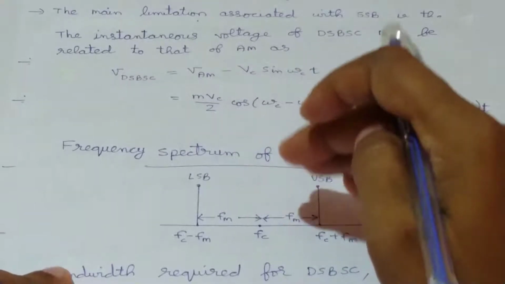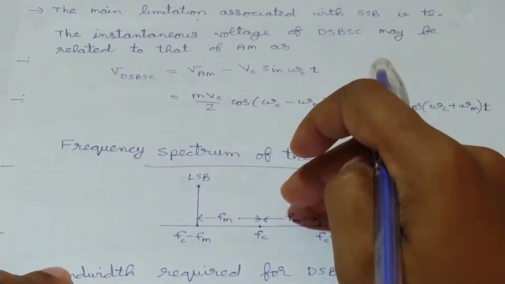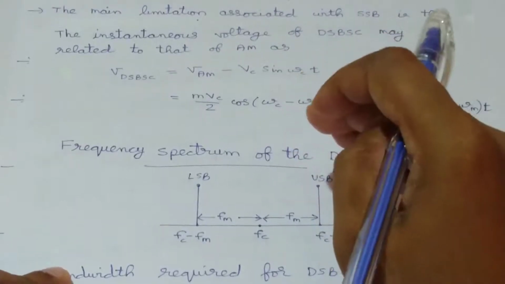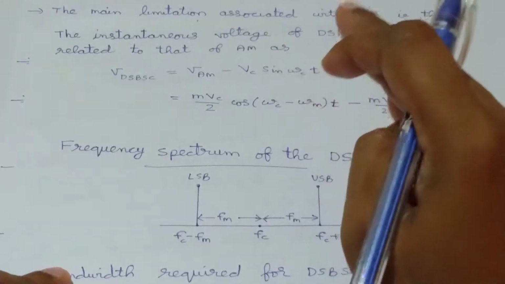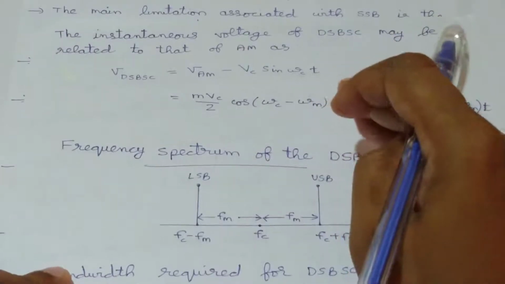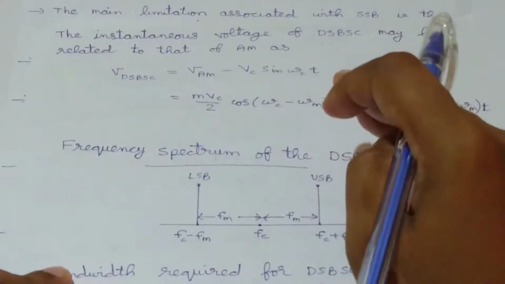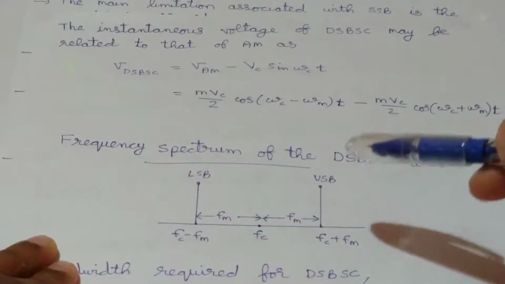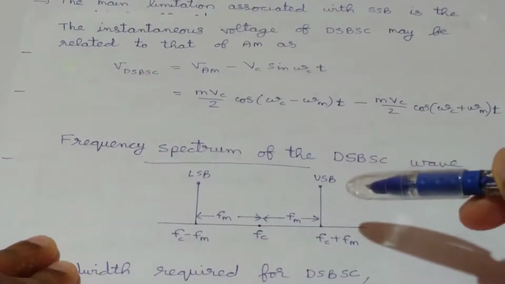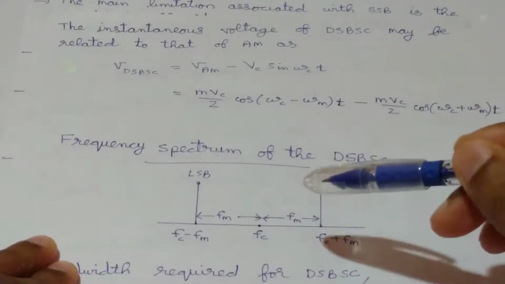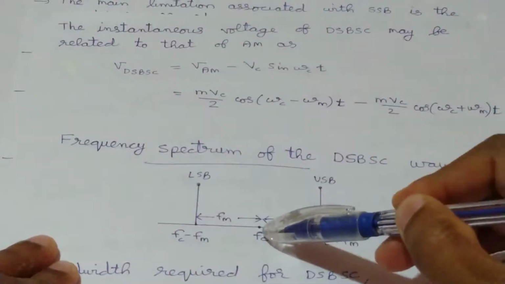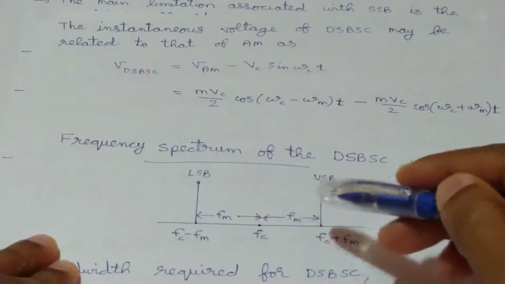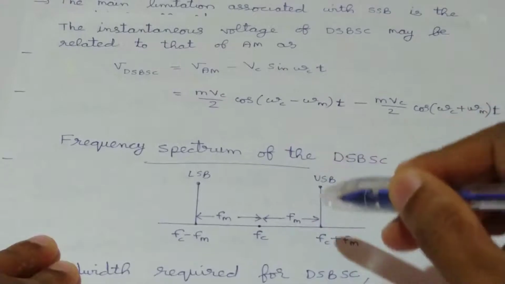So if we try to remove one sideband, it may result in eliminating even some portion of the wanted sideband, because the message has information starting from zero frequency up to a maximum of fm hertz. Since the first wanted and unwanted frequency components lie very close to each other at the carrier frequency, any attempt to attenuate the unwanted component will in turn lead to attenuation of the wanted component.